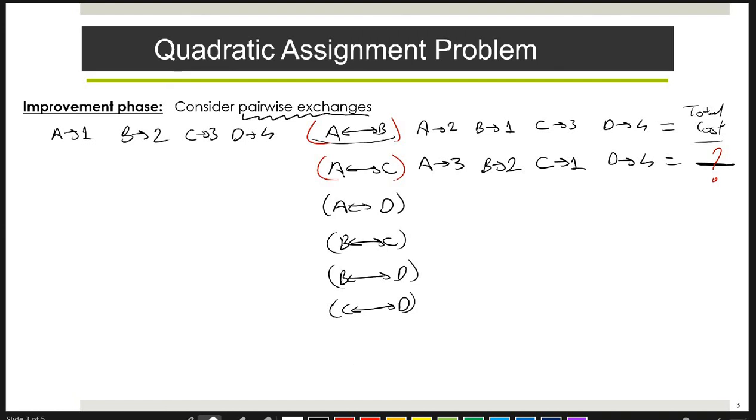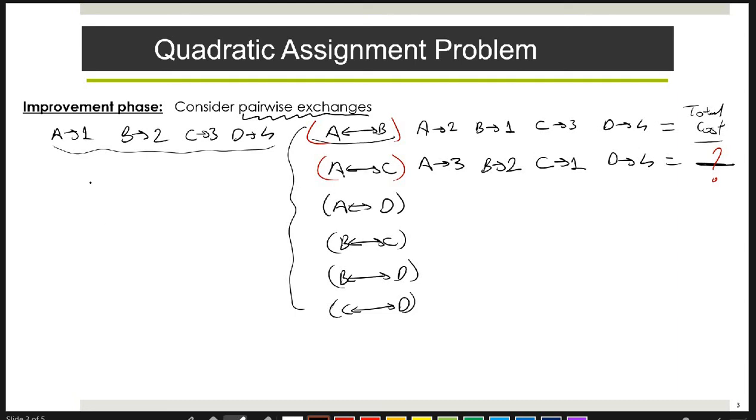So these are all the possible 6 replacement options. But why is this number 6? Why are there 6 alternatives? There are 6 alternatives because we have 4 machines which are allocated to 4 locations.